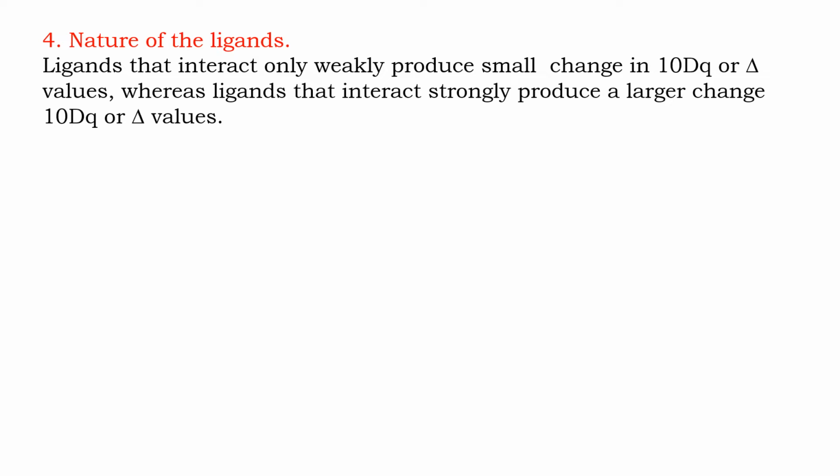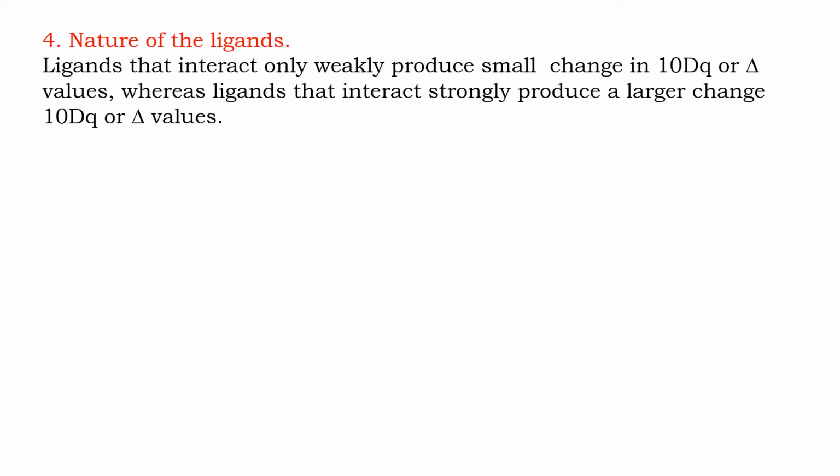So the interaction of the ligand with the metal ion affects the 10Dq value. Strong ligands split the d orbitals to the maximum, while weak ligands split the d orbitals to the minimum.